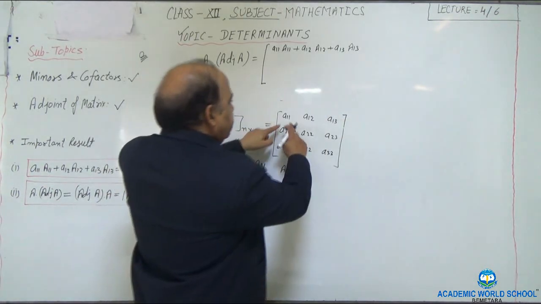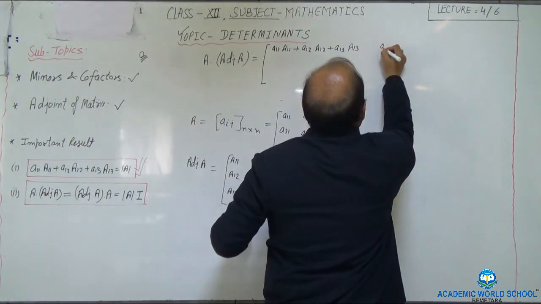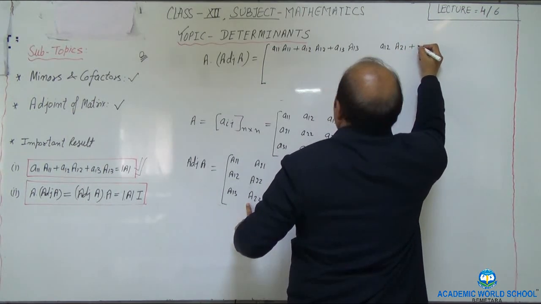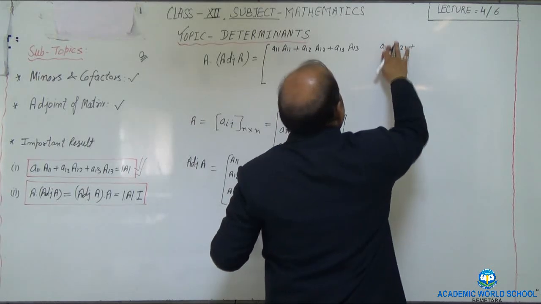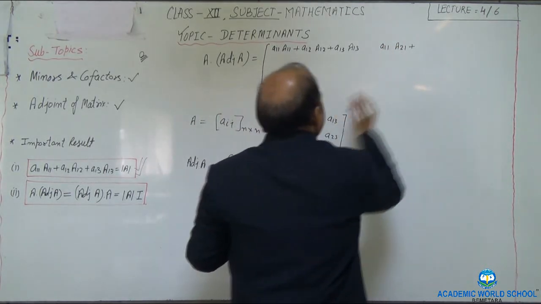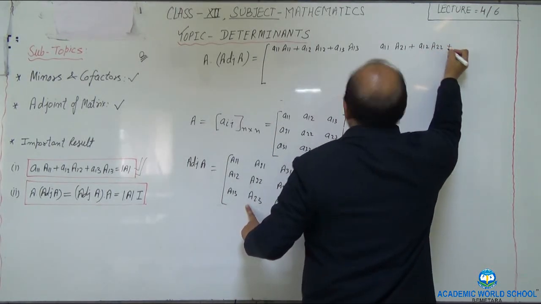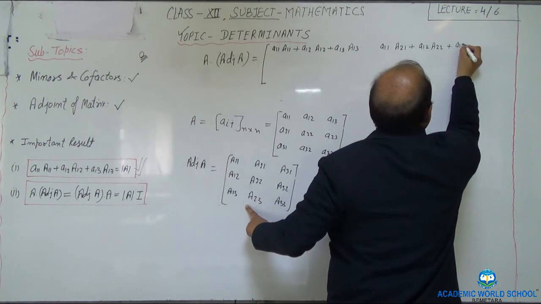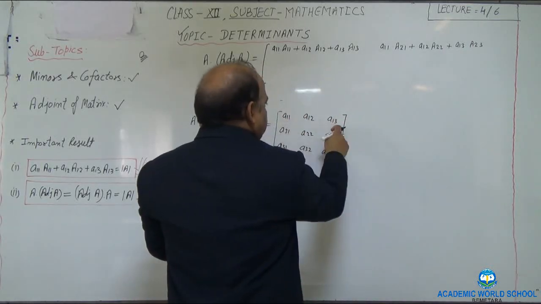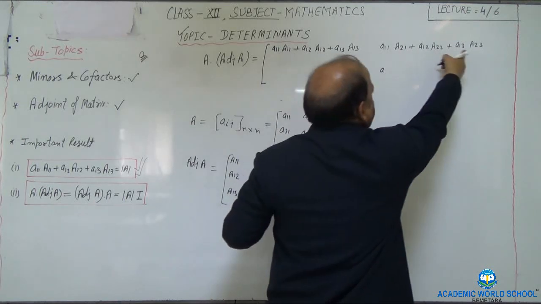Now multiply the first row by the second column. You will get A11 times A21, then A12 times A22, plus A13 times A23. Take the first row and third column, it will give you A. This is in continuation, I am writing.